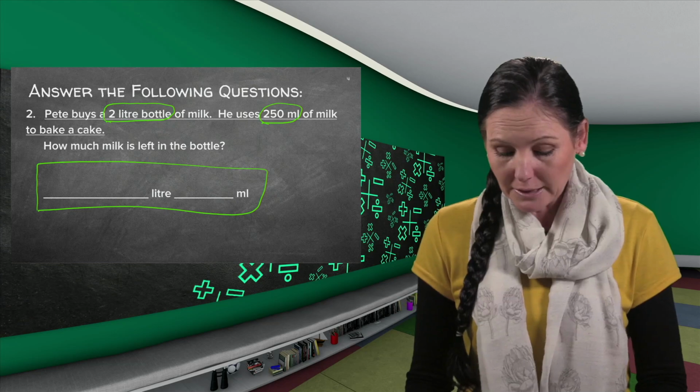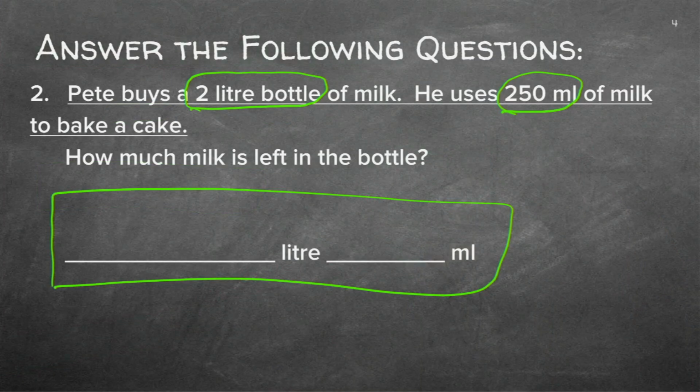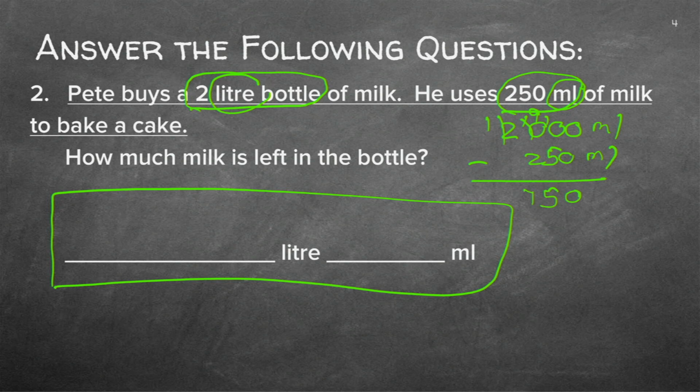And now immediately I know how much milk is left in the bottle. I've got milliliters and I've got liters. Immediately you know 2 liters equals 2000 milliliters, minus 250 milliliters. And the answer will be, when you take over, 750 milliliters.